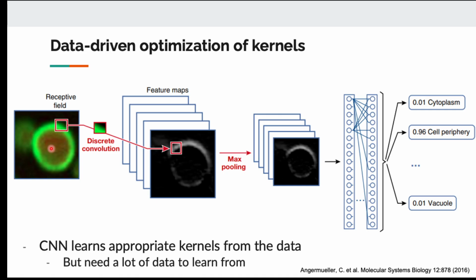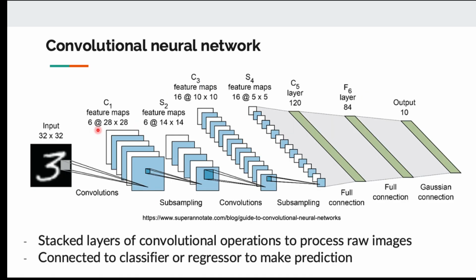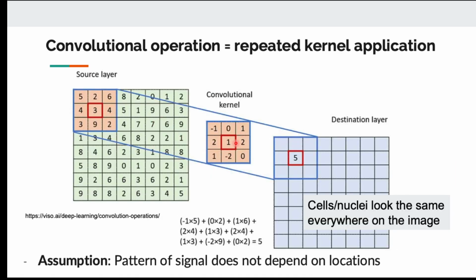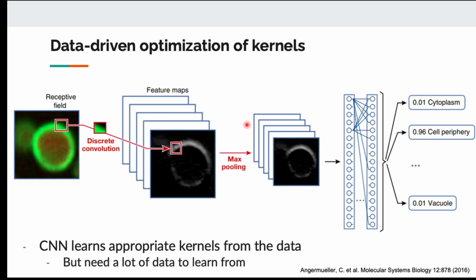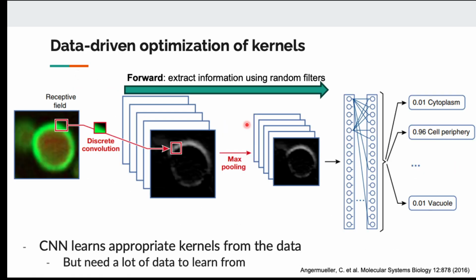Let's say you have no idea. You can guess, let's say we want to use a 3x3 kernel. So you have to pick 9 numbers to fill in the kernel. One thing that you can do is start with random numbers. You can pick 9 random numbers and try to use them. If it's good, then you are done. But chances are the 9 numbers that you picked will not work well to identify the cell membrane.